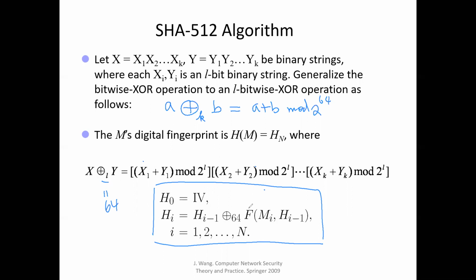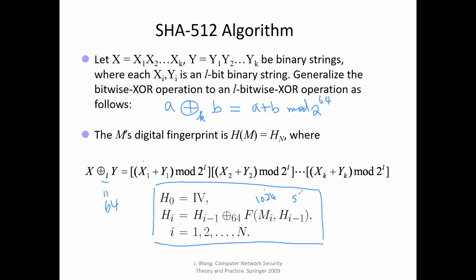Okay, so now this is the final SHA-512. So we have defined F, okay? We have defined the initial H0, which, remember, is the initial values for the 8 registers. And so this F updates the values of the registers. And this is not invertible because this Mi is 1024 bits.